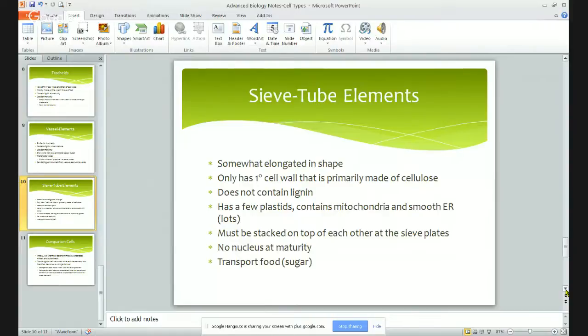And those little small dots in the plates are the pores, and that's where the food, generally it's the sugar, is able to move through these elements. So that's how they're going to be able to pass the food from one sieve tube element to the next. So these are generally going to be found in your phloem since they're responsible for transporting food and sugar.